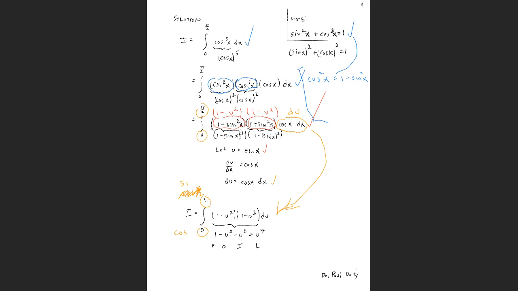The 1 is because the substitution is u equals the sine of x. So 1 is the sine of pi over 2, and 0 is the sine of 0. That's how I get those limits.